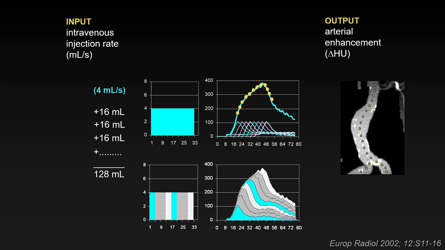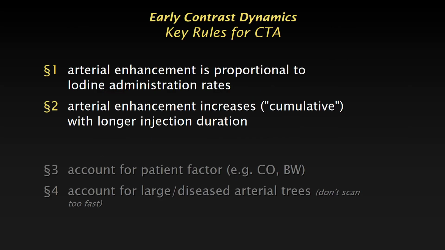The reason why it continues to increase and doesn't stay a plateau is because each of those new test responses adds on the prior tail end of the injection, which never returns to zero. So you get this overall cumulative enhancement. The main message of this is that arterial enhancement does also increase if you inject longer, but it's not directly proportional.